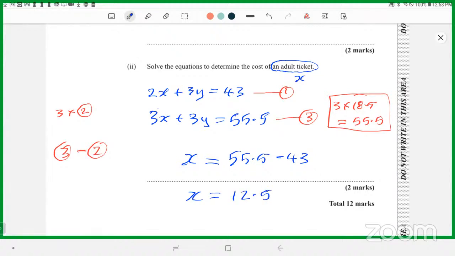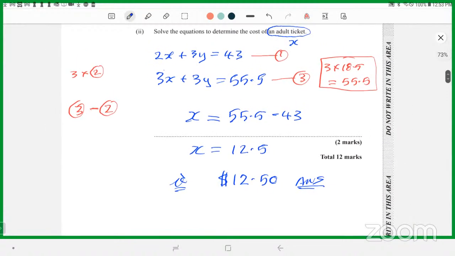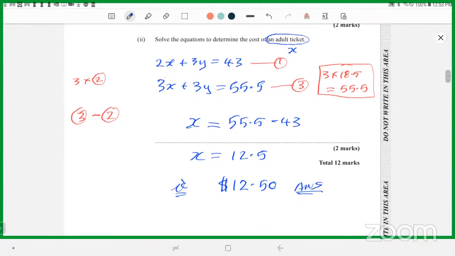12.5. X is 12.5. So I can say, i.e., that is $12.50 is my answer for the question. $12.50 is the cost of an adult ticket. That's all I wanted. So I don't have to calculate the y. If I wanted the cost of a child ticket, then I would eliminate the x instead.